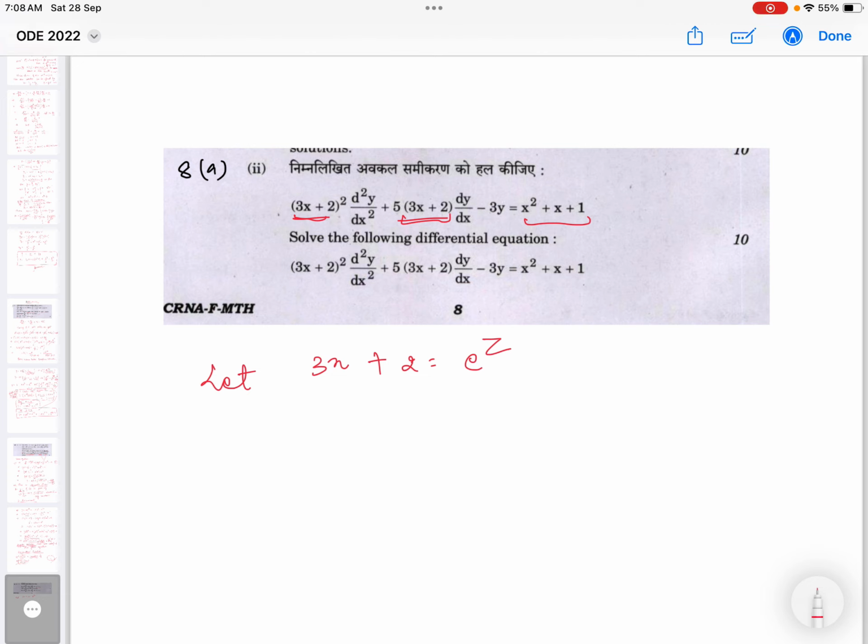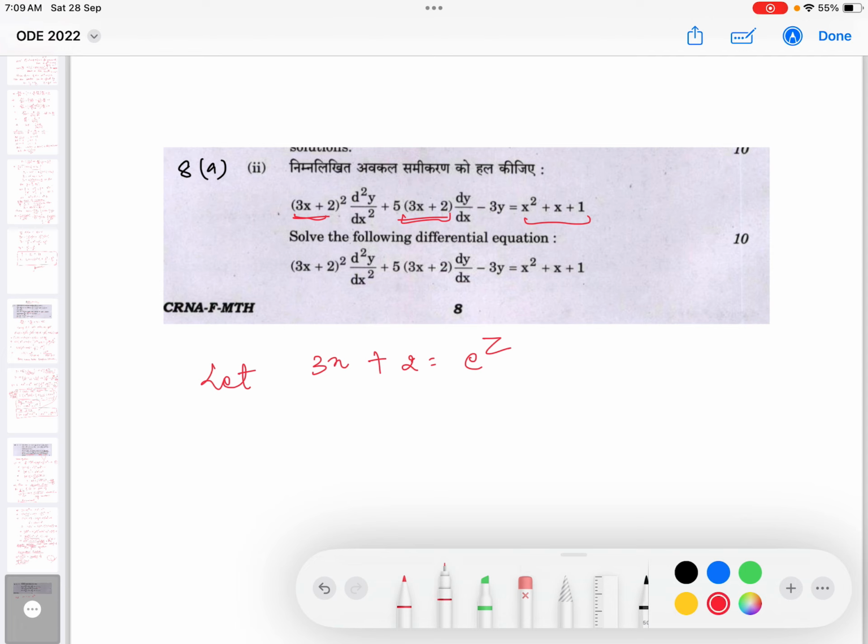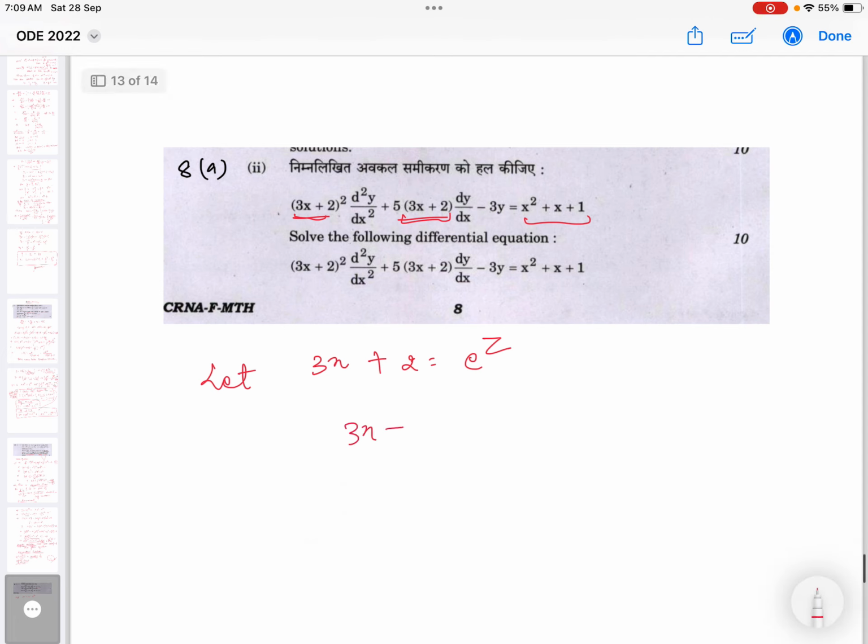When you differentiate and manipulate this, you will find that dy by dx becomes 3 upon this term e to the z times d by dz, since we have taken another variable z.